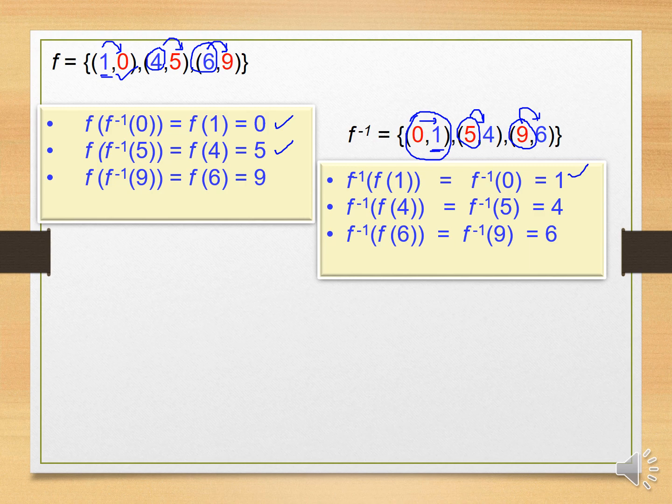F inverse composite f(4), f(4) is 5 and f inverse of 5 is 4. F inverse composite f(6), f(6) is 9, f inverse of 9 is 6.